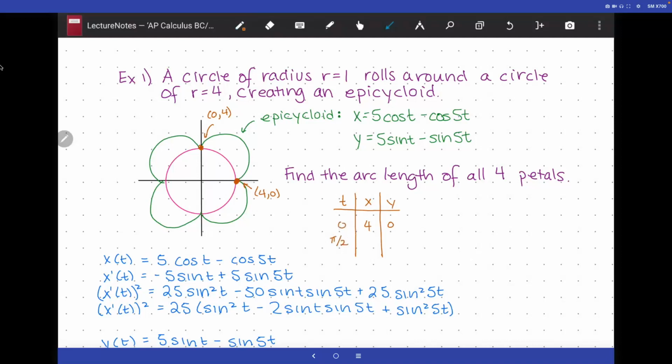Let's see what happens when we get to our next quadrantal angle, pi over 2. So if we go pi over 2, plug it into x, what do you get? And let's hope we get 4, not negative 4. When we plug pi over 2 into y, what do we get?